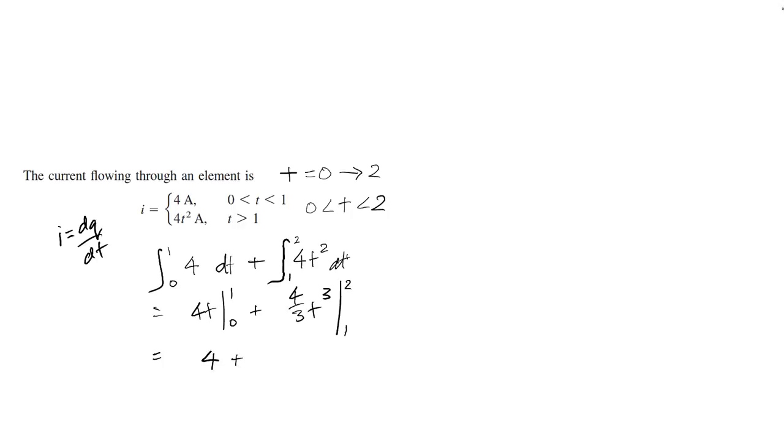We substitute 2 into this equation, and we get 8 times 4 over 3, which is 32 over 3, minus 4 over 3. And we get 4 plus 28 over 3.